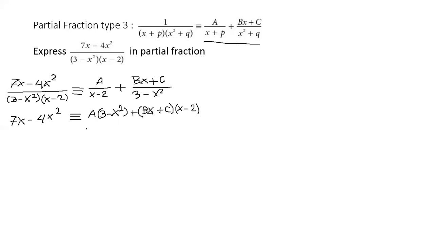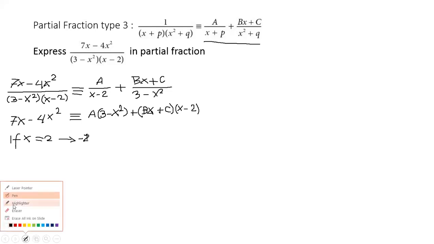Next is the numerator. We may expand it, but it is better if we find a first. If x equals 2, the x minus 2 term becomes 0. On the left, 7 times 2 is 14, minus 16, which is minus 2.